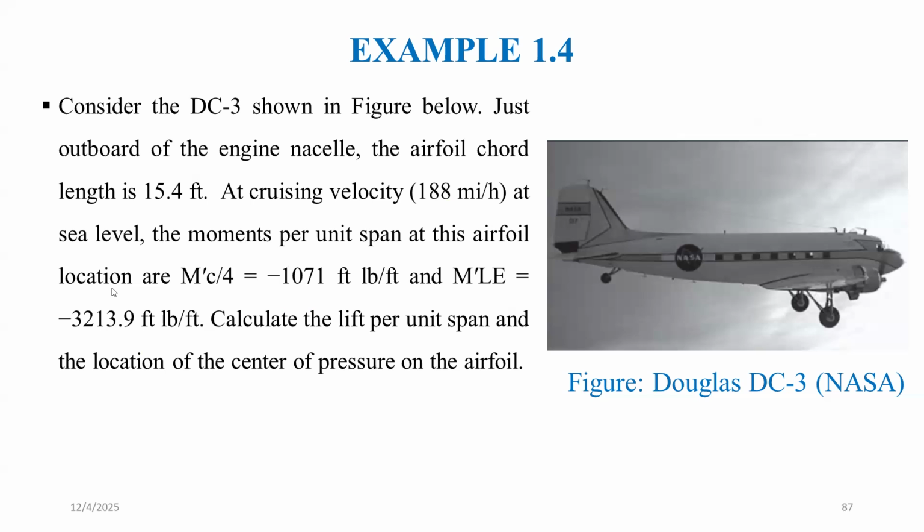The moment is given, the cruise velocity is given, and the moment about the leading edge is also given. So the moment about the leading edge, the moment about the quarter chord, and the chord length are given. The flight velocity is given in miles per hour, so you can convert it to feet per second.